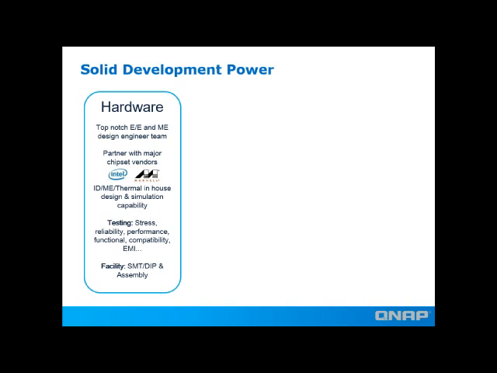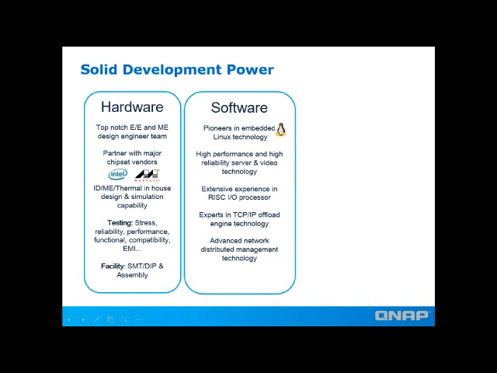So with this background, we have top-notch hardware engineering and the support and partnership with Intel and Marvell. We build everything and manufacture in-house. Every unit is tested for 2 days straight before we ship to a customer, so they are in the best quality that we can put them under the stress. Secondly, besides the hardware, we also have the in-house team to build the software.